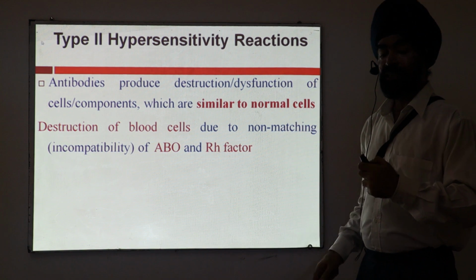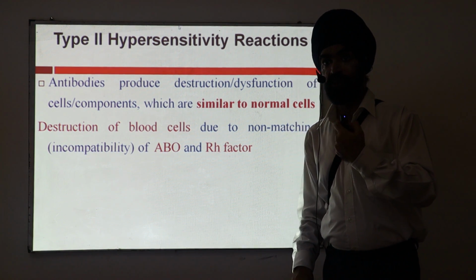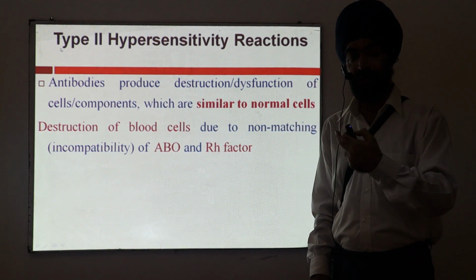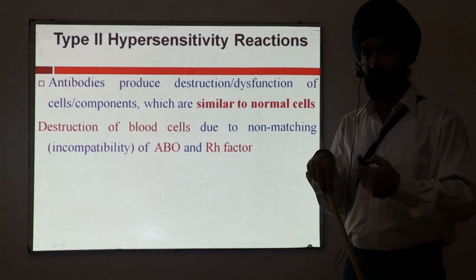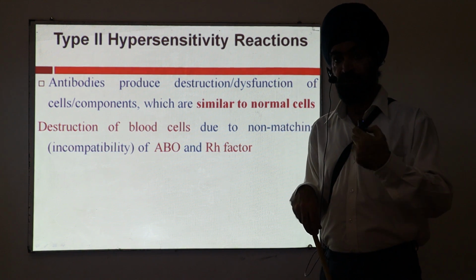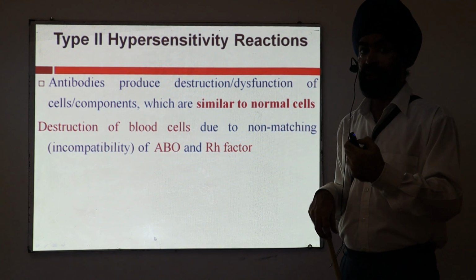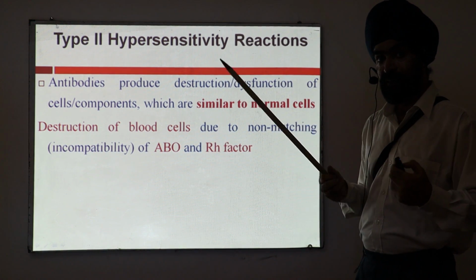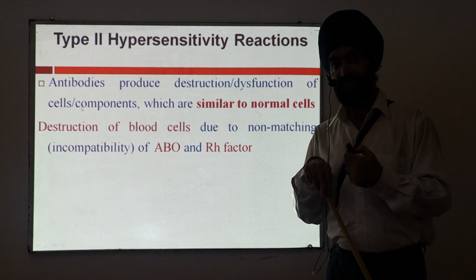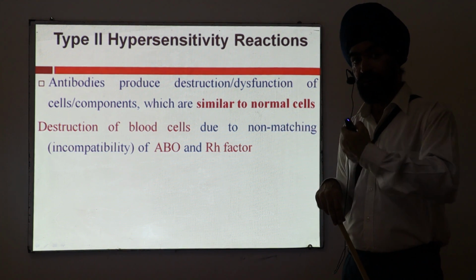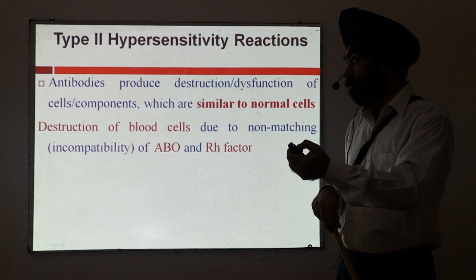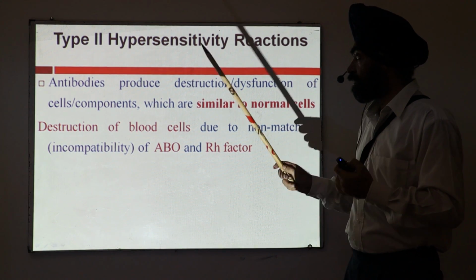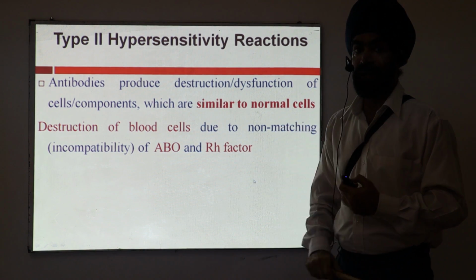Like, let's say whenever we want to give blood from one person to another, where you are donating blood, there is always testing of the A, B, O group and Rh positive or negative. If this kind of matching is not done, and you give the blood to a recipient, then the RBCs will be destroyed. Why? Because of the activation of type 2 hypersensitivity.